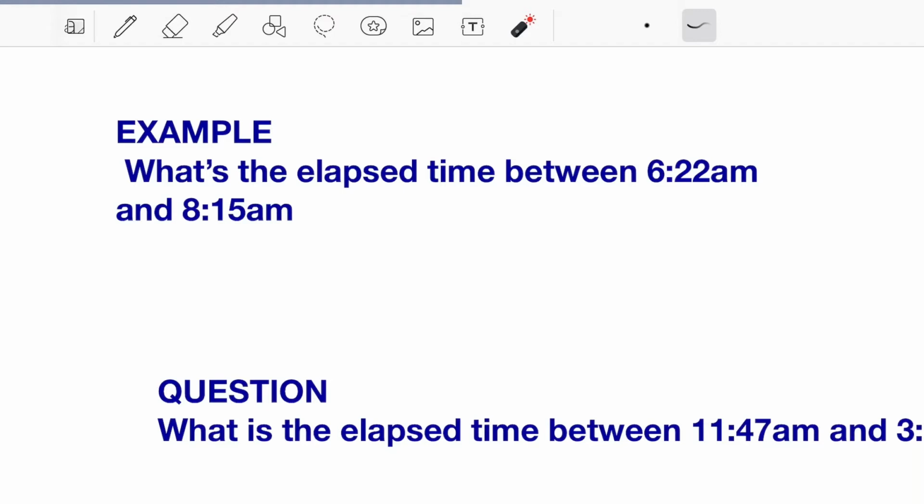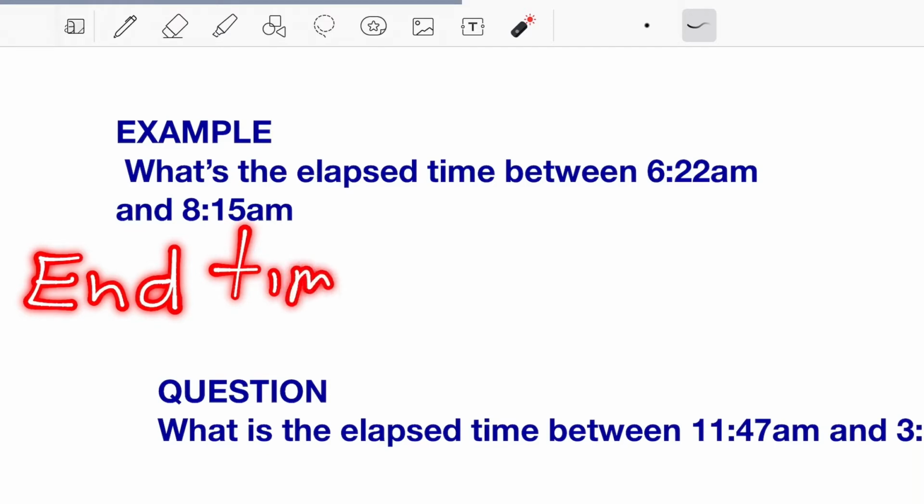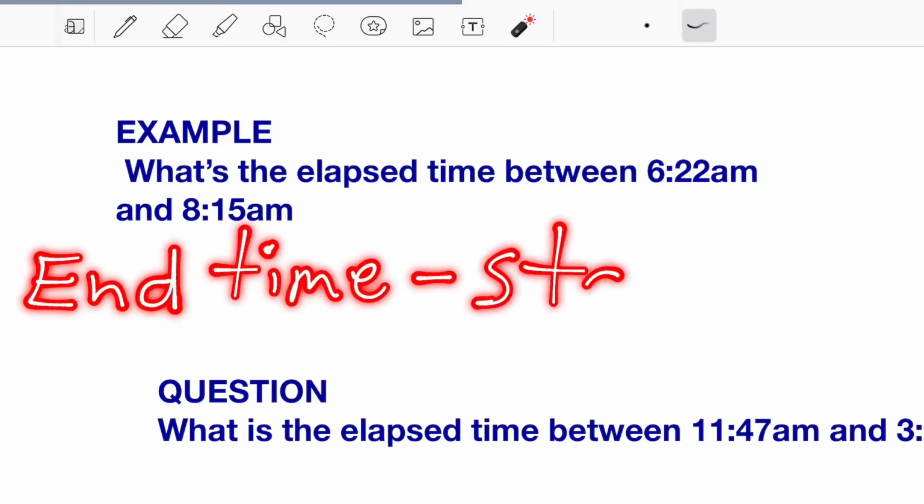So example 1, what's the elapsed time between 6:22 and 8:15? So we will say end time, which is the time the activity ended, which is 8:15, subtract the start time, which in this case is 6:22.